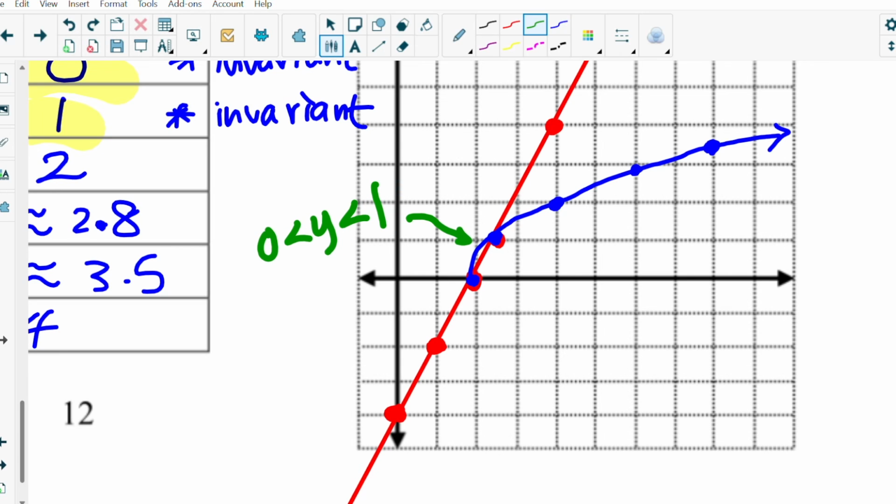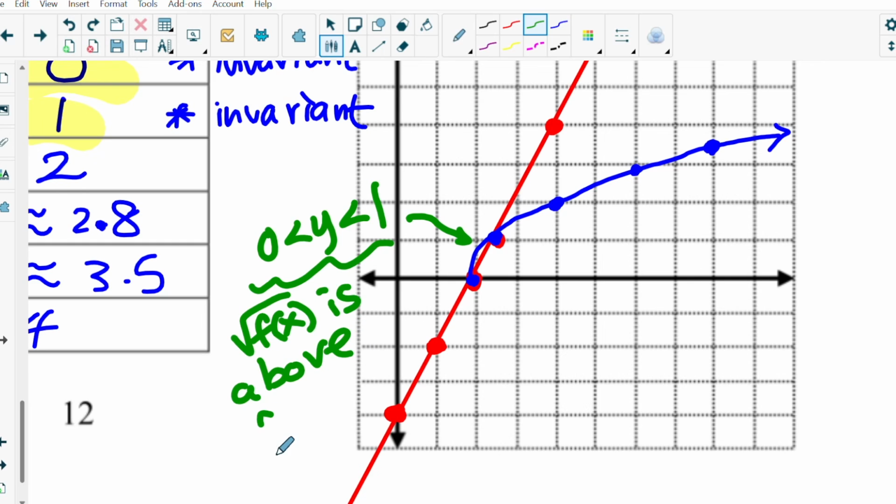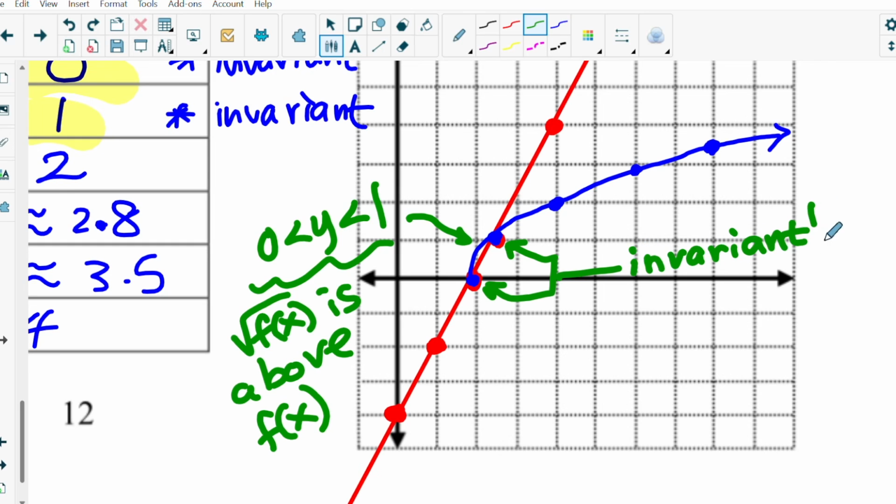We said that this is the point where the graph of square root of f of x is above the graph of f of x, and you can see it visually happening there. All right, and then the other key parts here, these are my invariant points. All right, let's keep going.